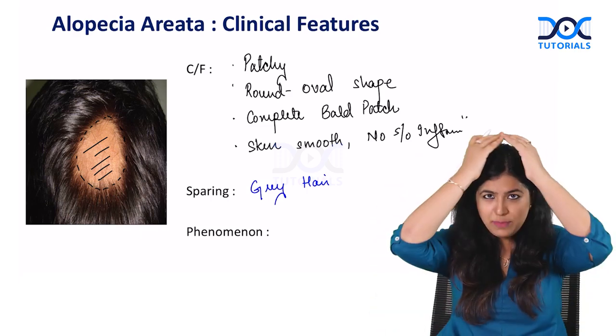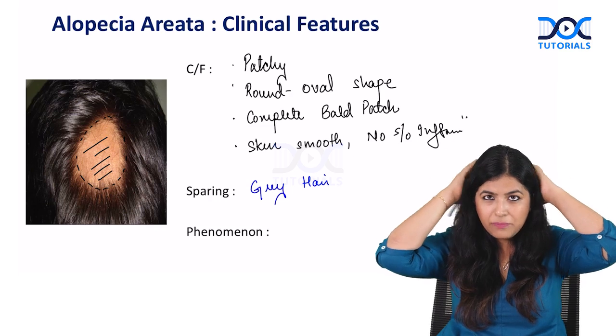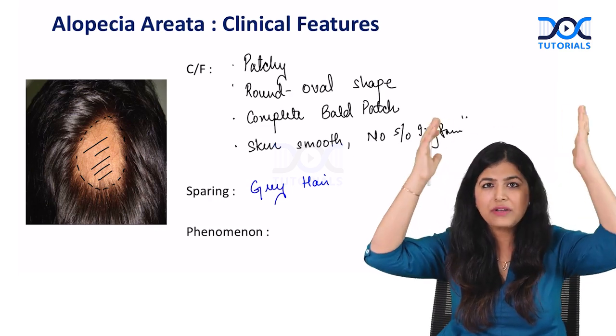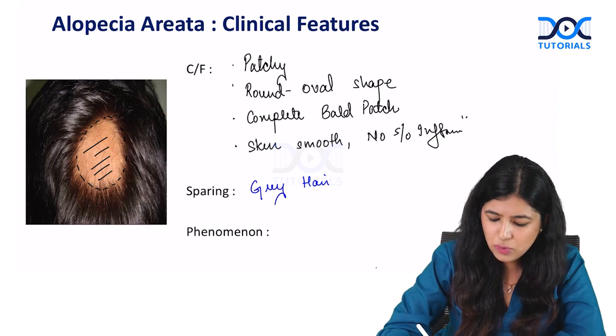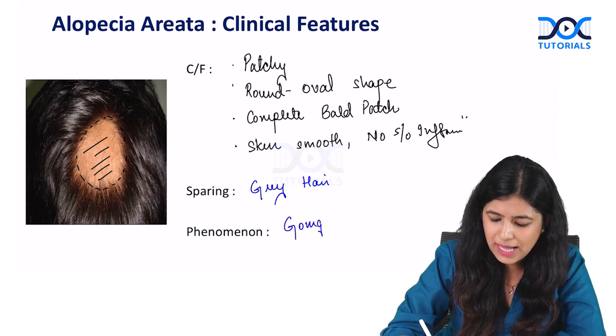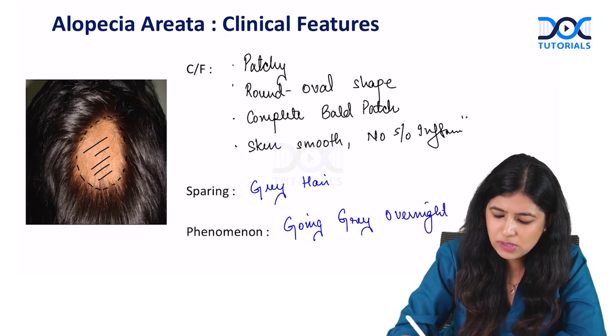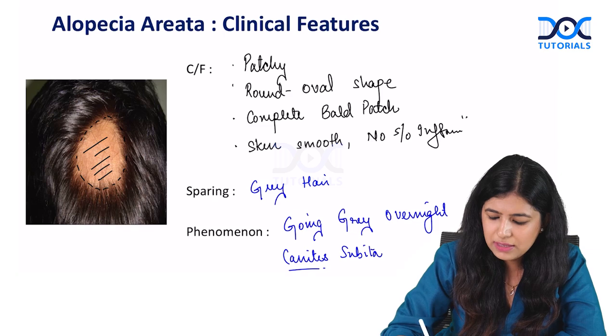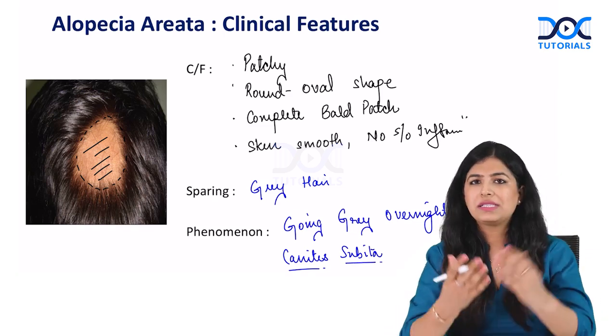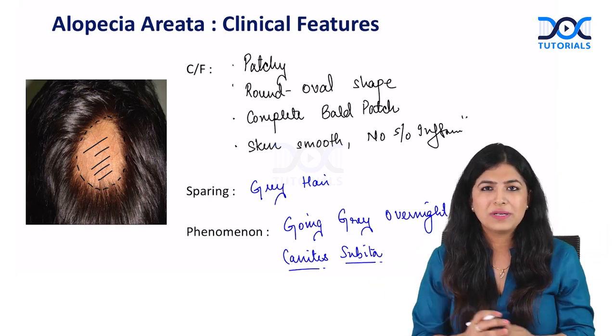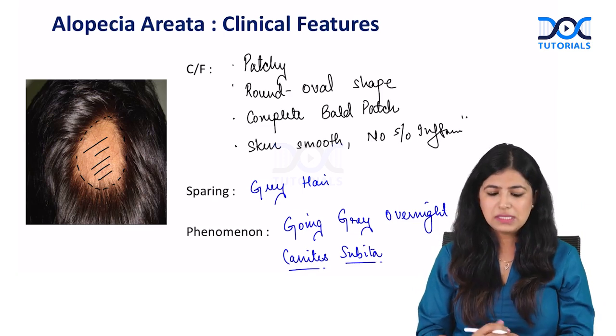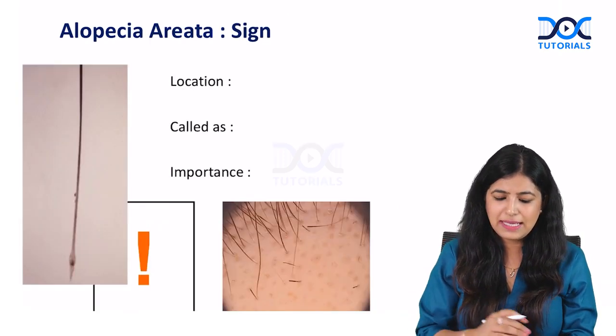And when alopecia is affecting a lot of area, so the black hair is gone, only gray hair are left, this can lead to a phenomenon which is called the going gray overnight phenomenon, also called canities subita, where canities means gray, subita means sudden. So there is a sudden graying of hair over the scalp. This is how you see alopecia areata.